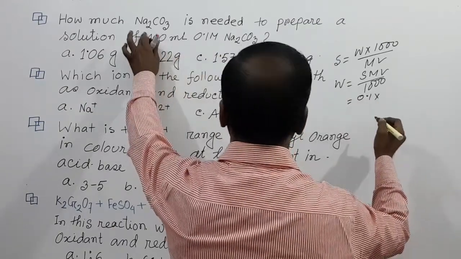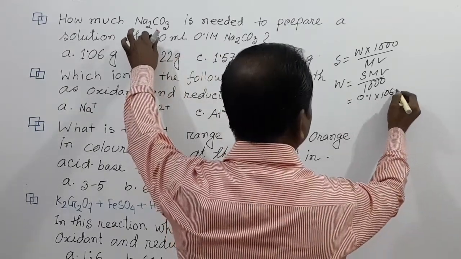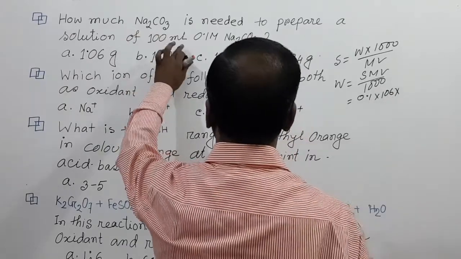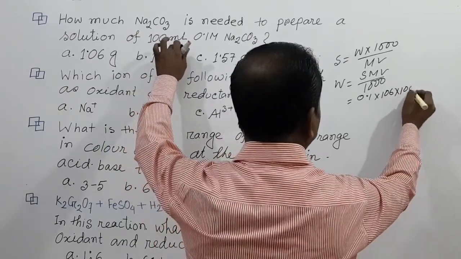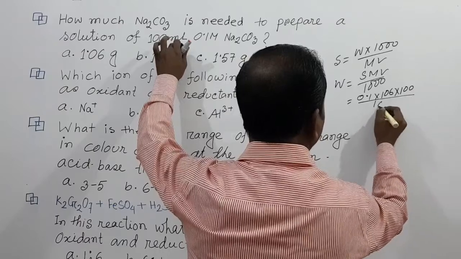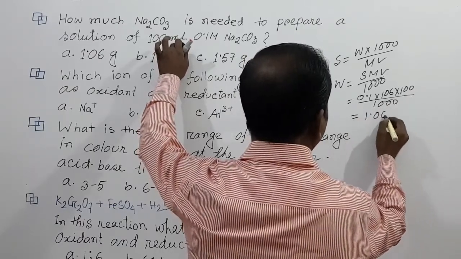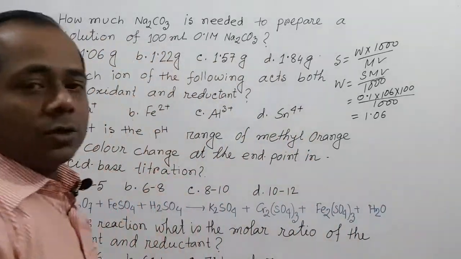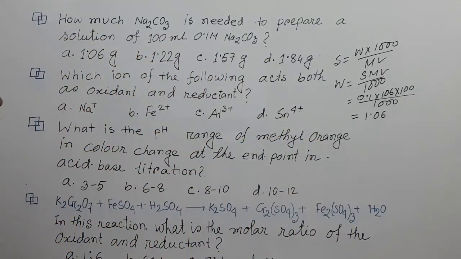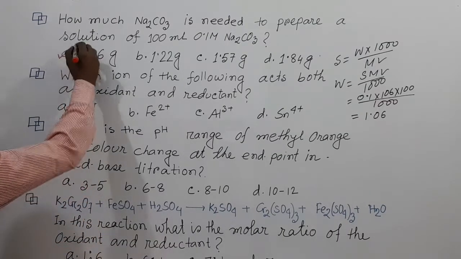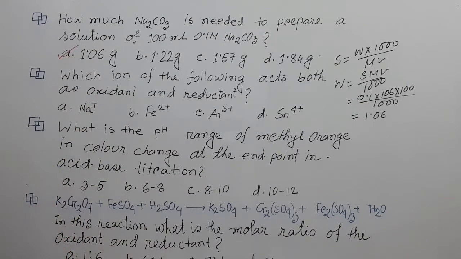The molecular mass of sodium carbonate is 106 and the volume is 100 ml divided by 1000, and we get the answer 1.06. So, my dear students, the correct answer is option A, 1.06 gram.